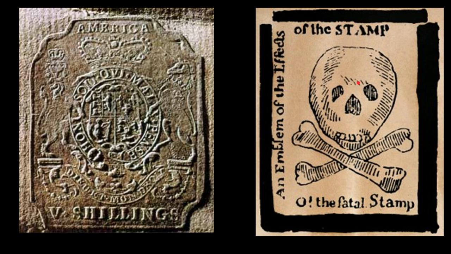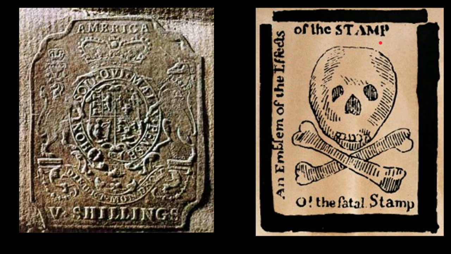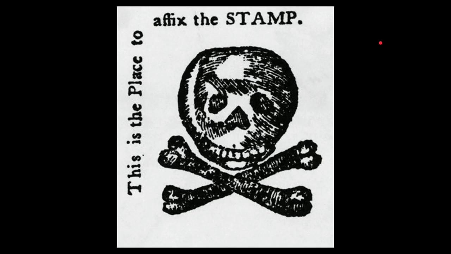Over here, this was a broadside, a poster that was protesting the stamp. It says, an emblem of the effects of the stamp. Oh, the fatal stamp. Fatal means killing. It's saying that this Stamp Act is killing us newspaper printers. Another one was similar. This is the place to affix the stamp. This is saying over our dead bodies.